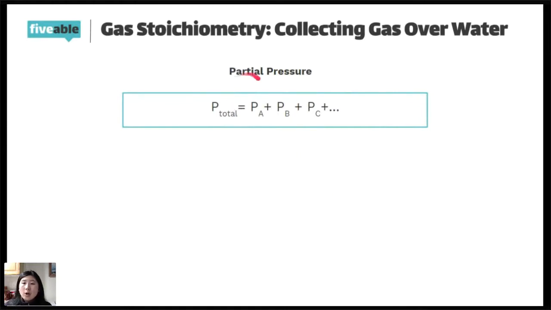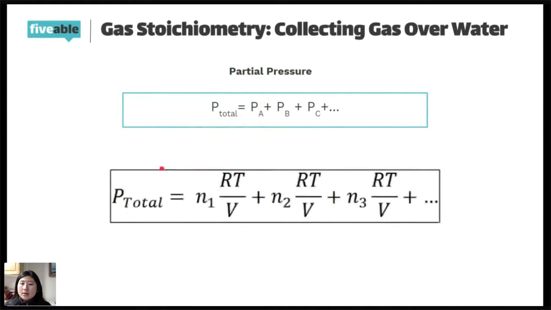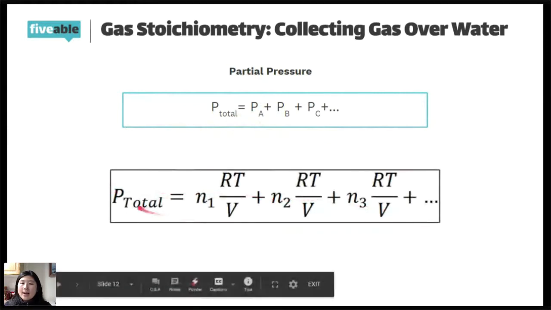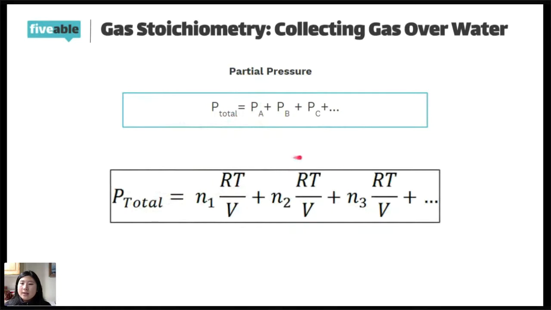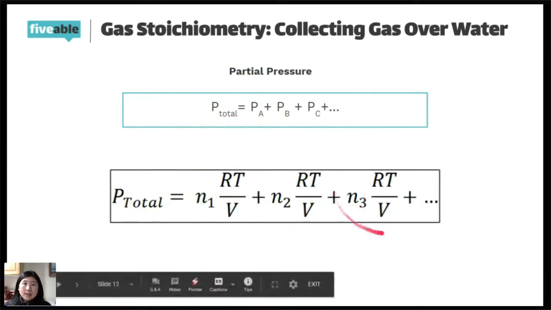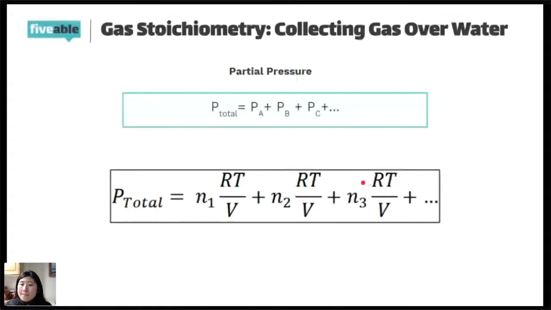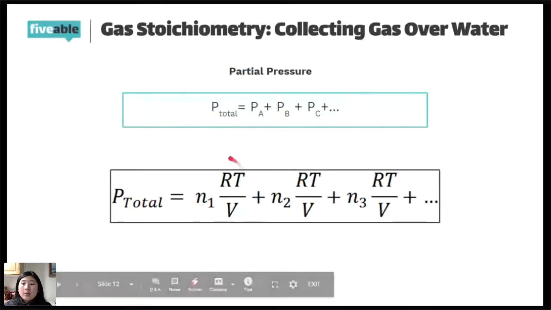All right, so this is the partial pressure equation, and it basically means this. For every single pressure over here, these are all with respect to each individual gas that we have in a chemical reaction. That means each gas has its own number of moles.